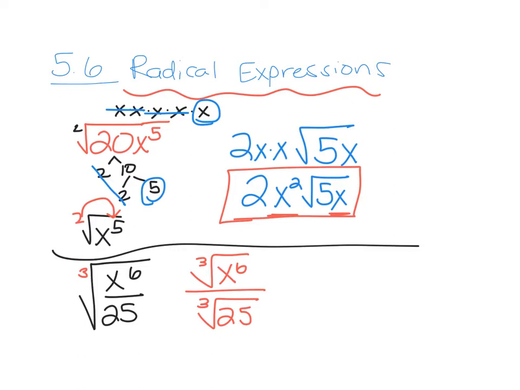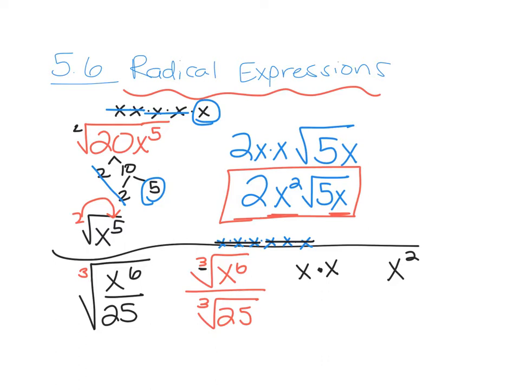In my numerator, I can do the same thing I did before, where I write out 6 x's. And this time they cancel out in groups of 3, because this little number is 3. So if there's 3 x's, 1 goes to the outside, another 3 x's, and another 1 goes to the outside. There's nothing left underneath, which means that I lose the radical altogether, and the numerator is just x squared.